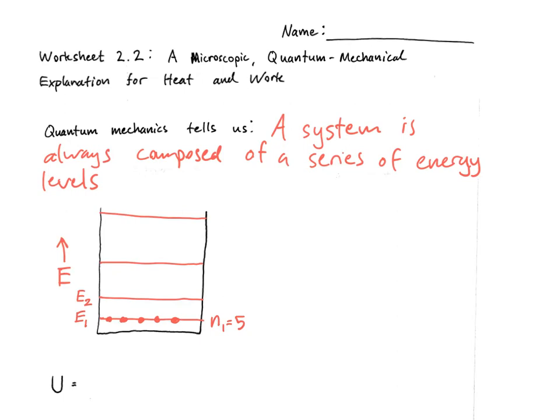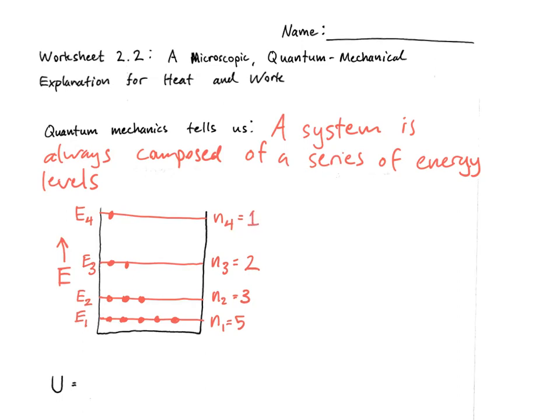And then at energy level 2, let's say that there are only 3, so the number of atoms at energy level 2 equals 3. And then at this energy level, let's put 2. And then at the 4th energy level, let's put just 1 for now. So the number of atoms in energy level number 4 is just 1.